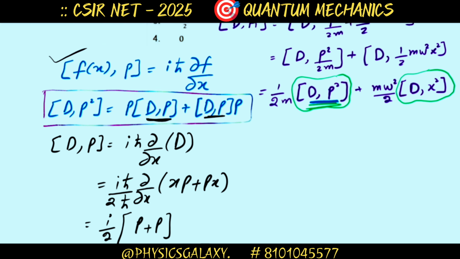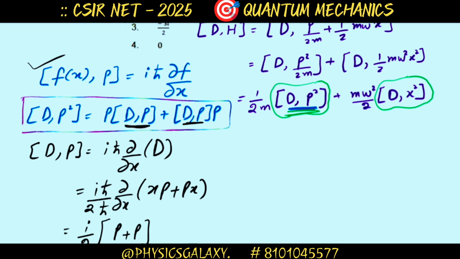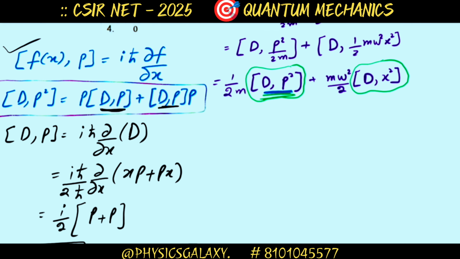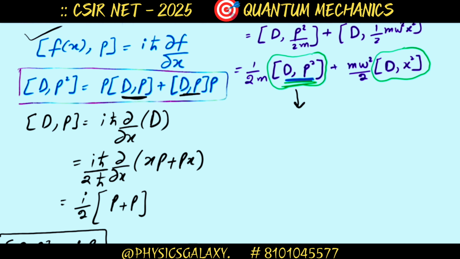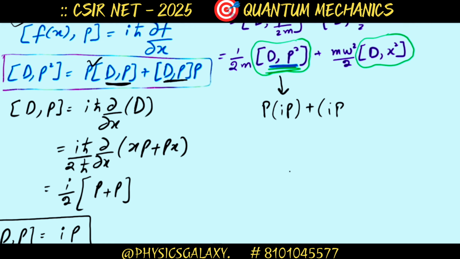Then [D, p squared] will be equal to p times [D, p], that is iota p, plus [D, p] times p, which is again iota p times p. So on the whole it will be equal to 2 iota p squared.